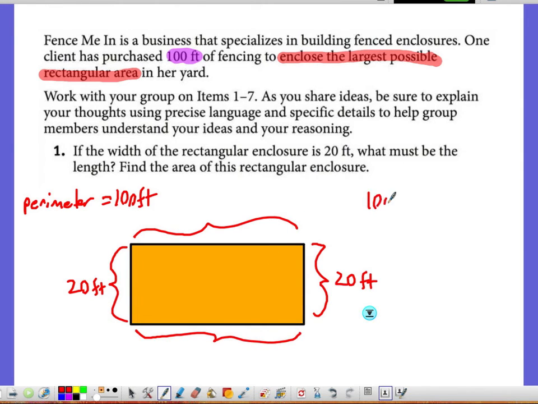Since I have 100 feet of total fencing, and I already used 40 feet, that leaves me with 60 feet left. And so since we are talking about a rectangle, the opposite sides are basically the same length. Take 60 divided by 2, and I find that my length is going to be 30 feet.